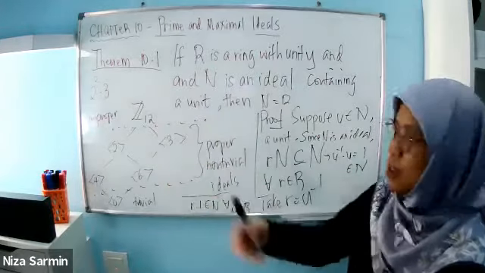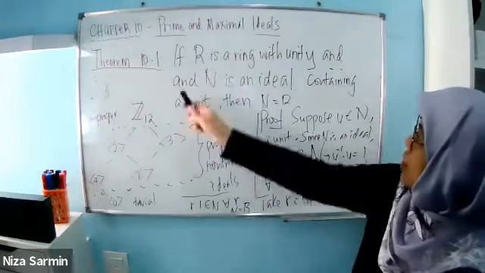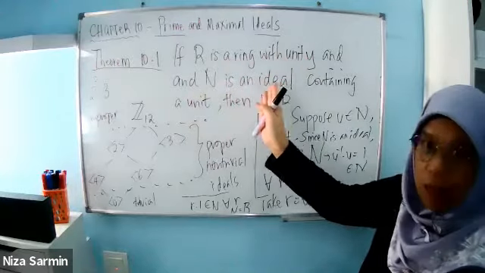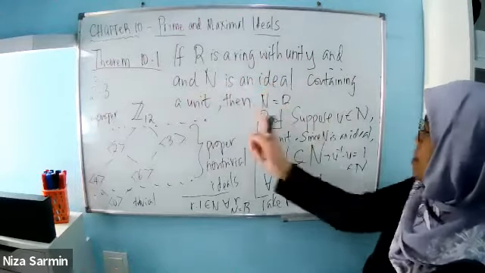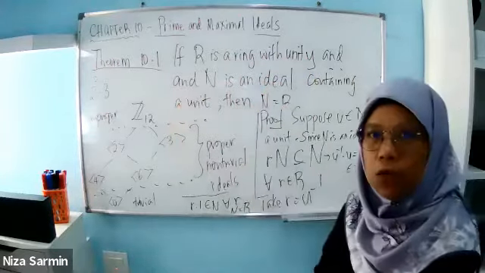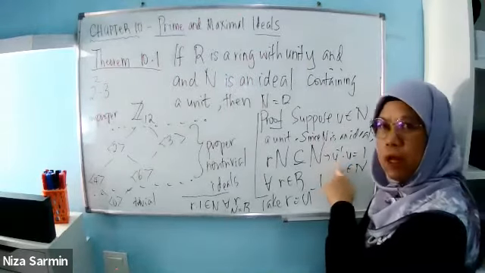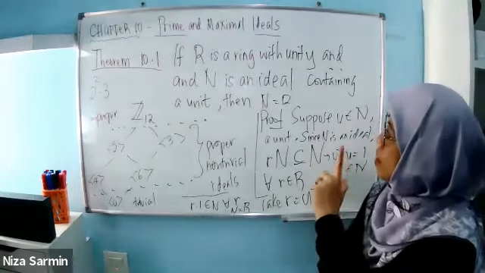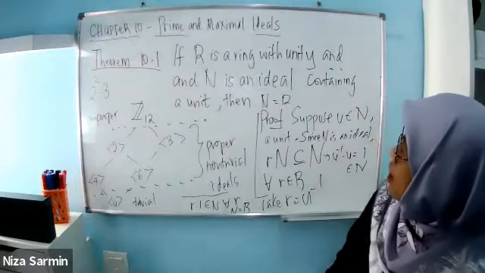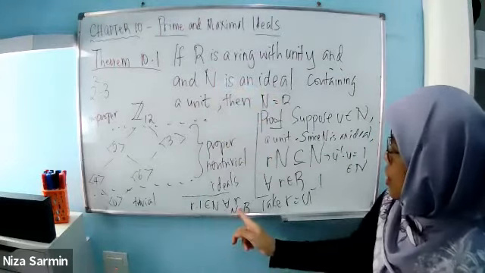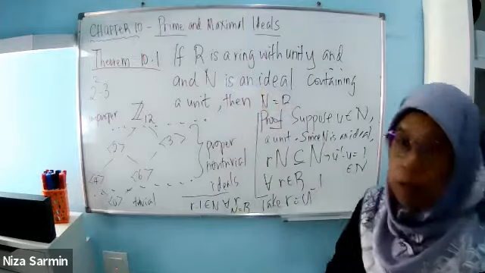That is how they start this. First, they start with just a ring with unity and N is an ideal. And then this is the extra condition, containing a unit. So containing a unit means you want to multiply. And by using the definition of the ideal, that's why there is N is an ideal. So at the end, you want to show N is R.